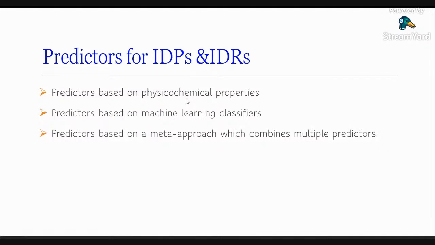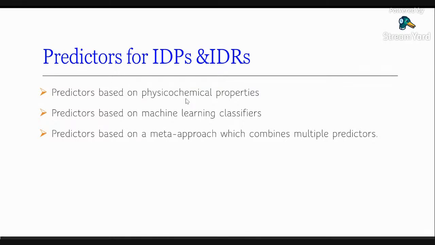You can take the sequence, look into the physicochemical properties of the amino acids, and check different features like entropy, sequence conservation, evolutionary conservation, surface area and so on, and based on those features you can develop a predictor to identify or classify the IDs.